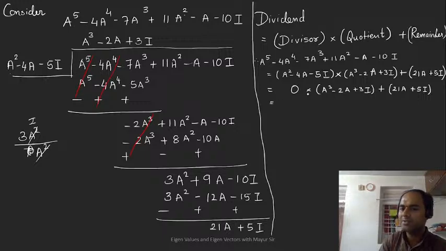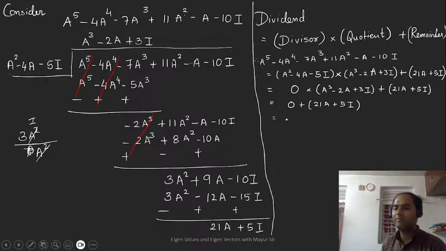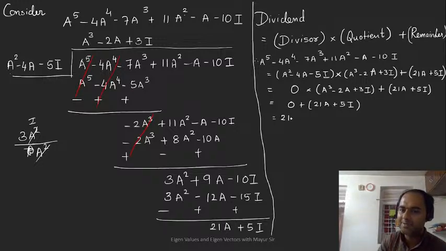So 0 multiplied by this big matrix, the value is 0. So 0 plus 21a plus 5i.